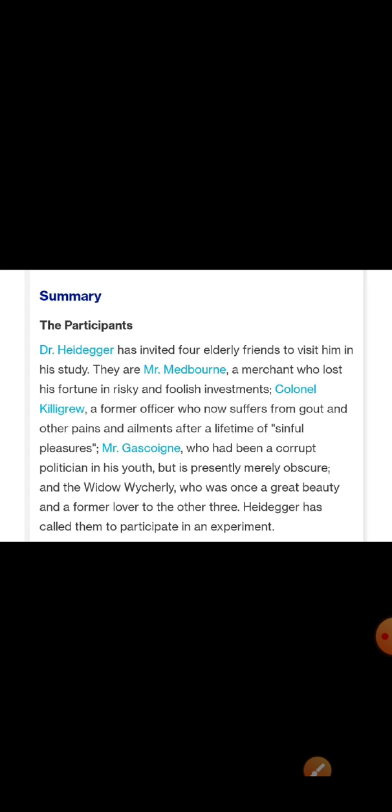They are Mr. Medbourne, a merchant who lost his fortune in risky and foolish investment; Colonel Killigrew, a former officer who now suffers from gout and other pains and ailments after a lifetime of sinful pleasures; Mr. Gascoigne, who had been a corrupt politician in his youth but is presently merely obscure; and the Widow Wycherly, who was once a great beauty and a former lover of the three persons. Heidegger has called them to participate in an experiment.